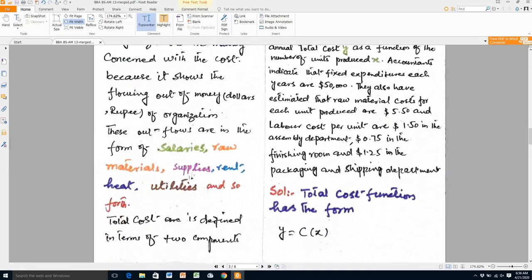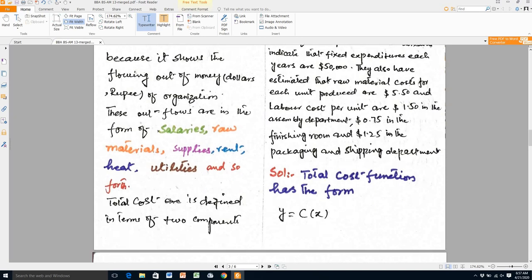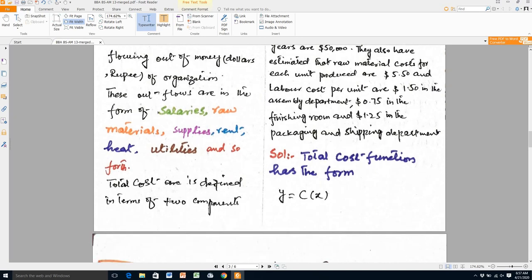As I stated earlier, these outflows are in the form of salaries, because you have to pay them, raw materials, because you have to purchase them, supplies, rent that you have to pay in form of money, then heat, utilities, meaning some utility bills, etc. and so forth.